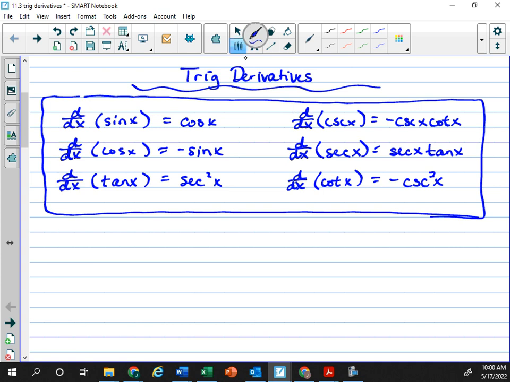Any questions? Anything you can't read? We're okay. All right, let's try one then. Let's go ahead and find d dx of tangent. We know what it equals, but let's prove that it equals that.